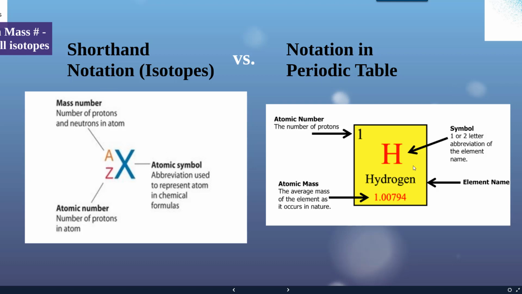In the periodic table, we find the atomic symbol in the middle. We oftentimes find the element number and the atomic mass along the bottom. In the upper left-hand corner is where you'll find the atomic number. So it's just important to note that there are different shorthand notations for representing these elements.